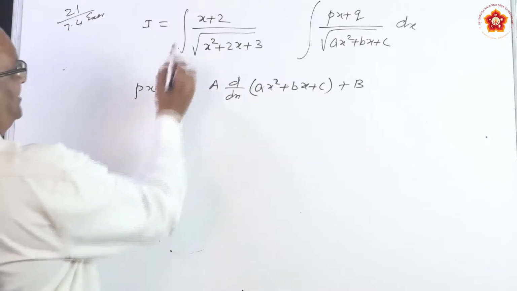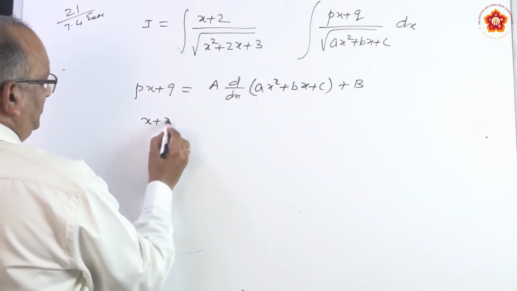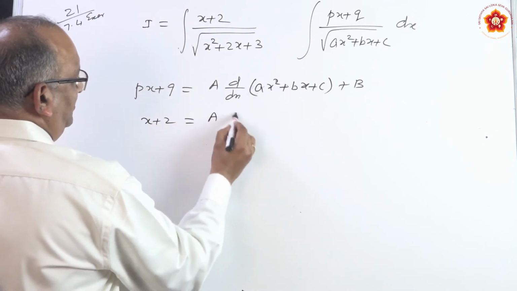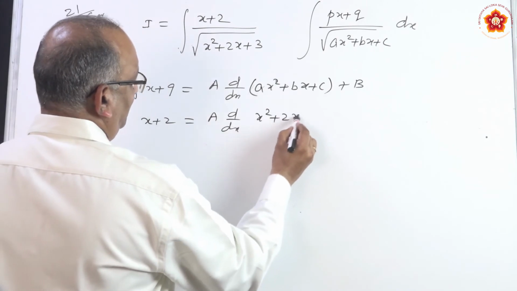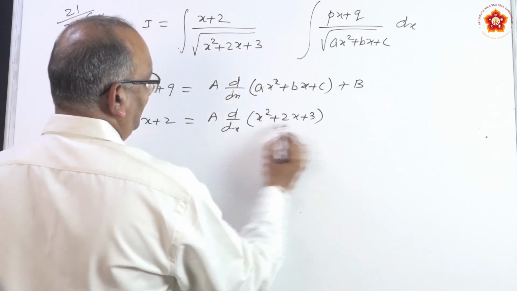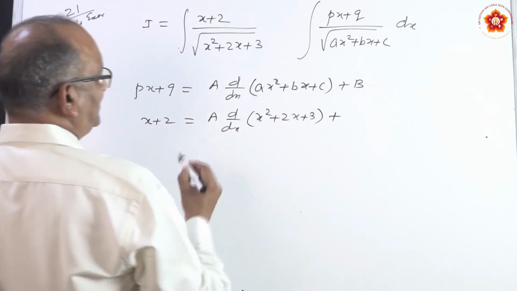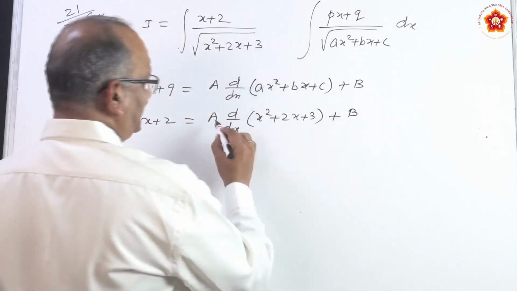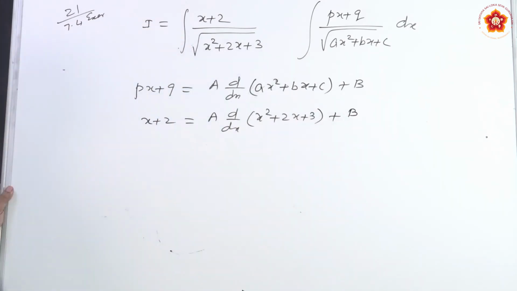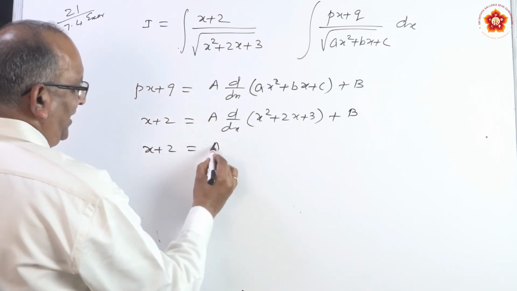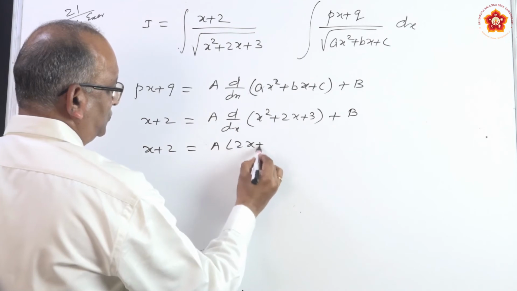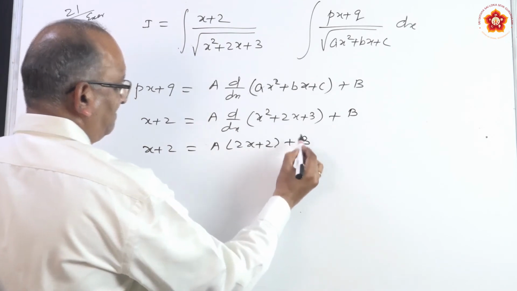In place of px plus q, we have x plus 2 equal to a into the derivative of x square plus 2x plus 3, plus b. We have to find out this a and b. So, it can be written as x plus 2 equal to a into 2x plus 2 plus b.